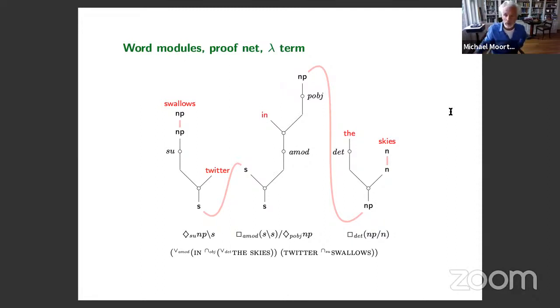And the important point about this linear lambda term is that there is the image, if you wish, or the reflection of the diamond introduction steps and the box elimination steps, which, when you think of the distributional interpretation here, are going to be operations that work on the distributional meaning of swallows or whatever, in order to modify it by this subject gap operator here, and then give it for a contraction to the intransitive verb tweet, etc.